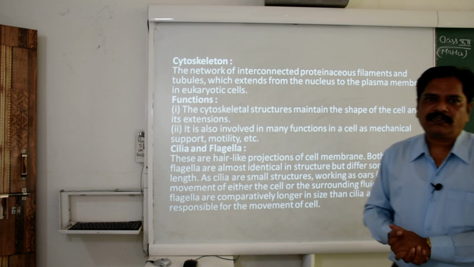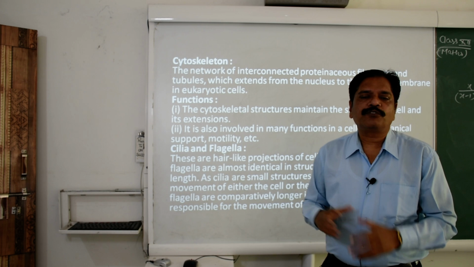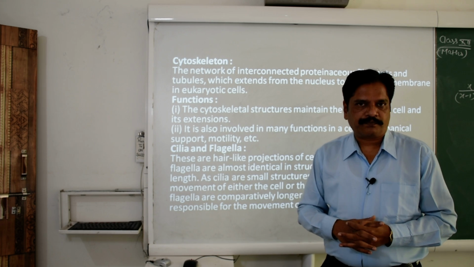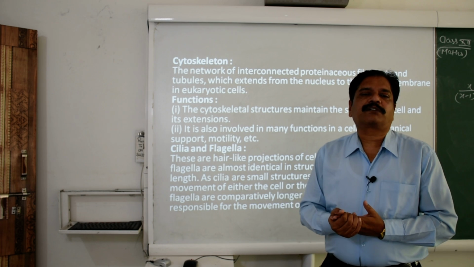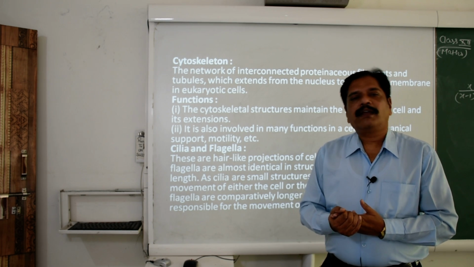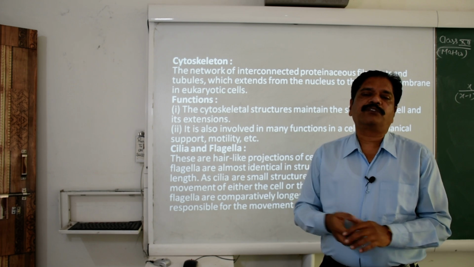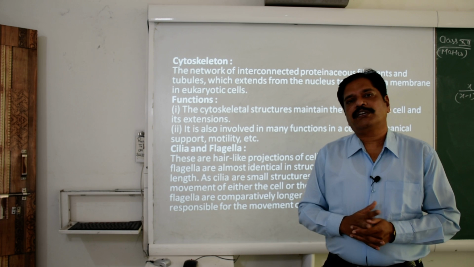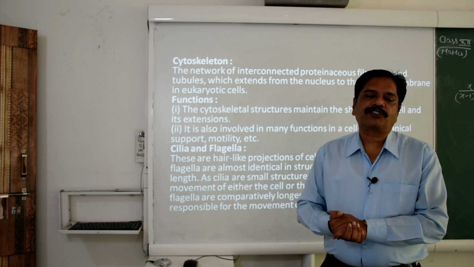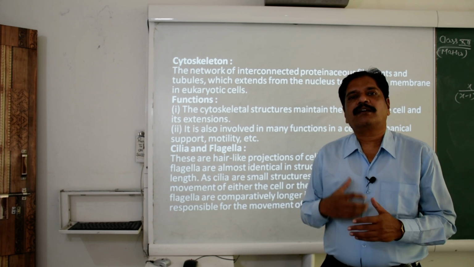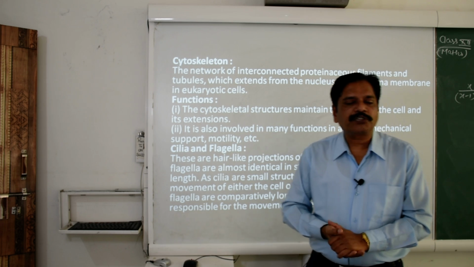I think you are quite familiar with the structure of Euglena and Paramecium. In Paramecium you can see its whole body surface is covered with cilia, while for flagella you saw Euglena in eukaryotes and the bacterial cell in prokaryotes, where these flagella are quite long in nature, very few in number, not uniformly distributed on the body, and located at a specific position on the body.